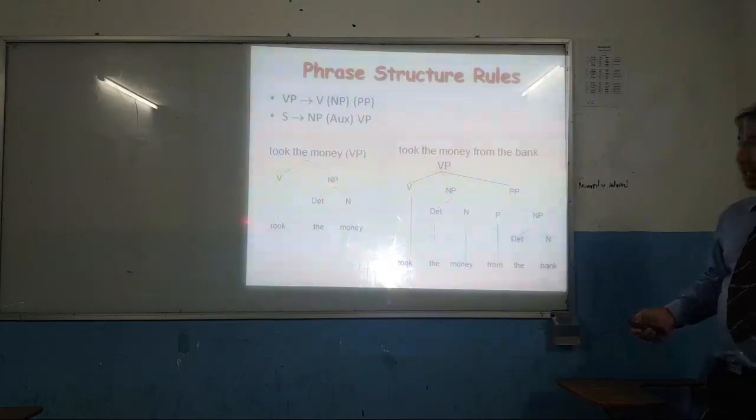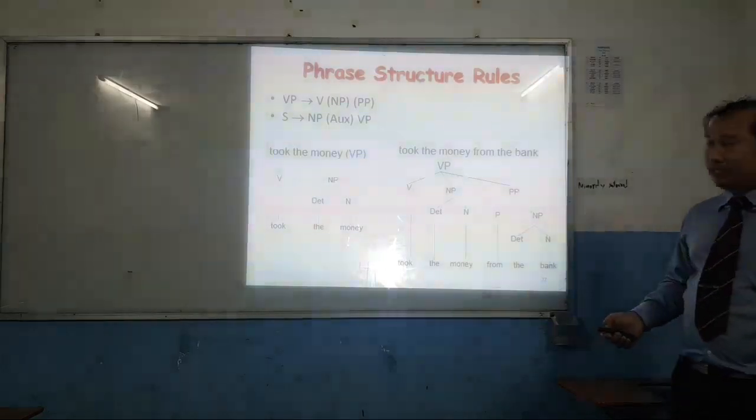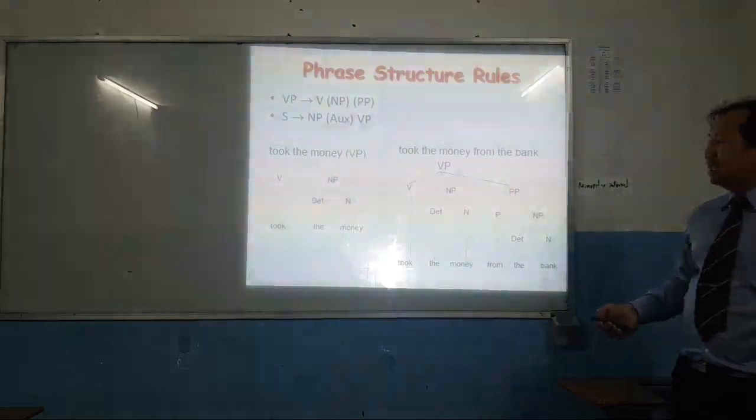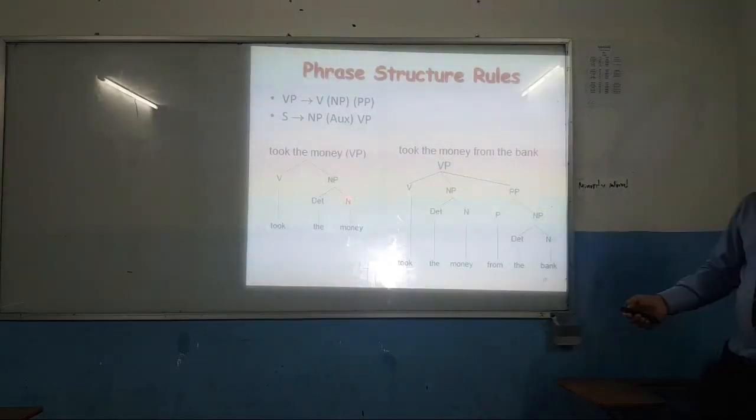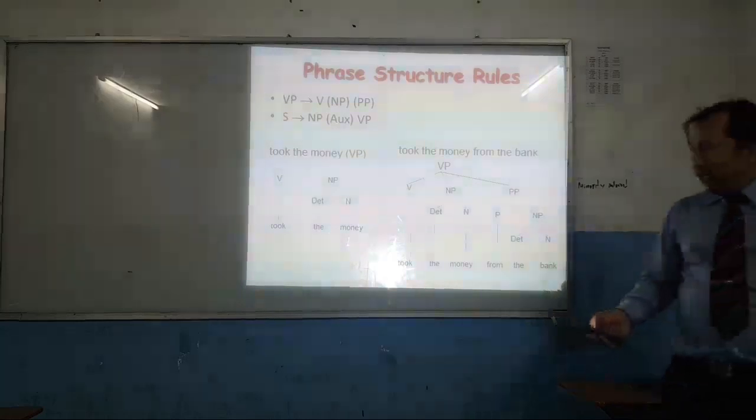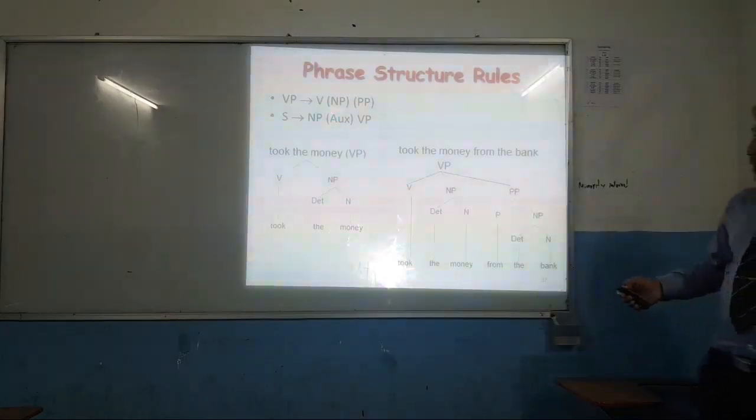Took is the verb, the is a determiner, and money is a noun. So together we get a noun phrase here. You can look at this one again, which shows that all of them are included, like took the money from the bank.